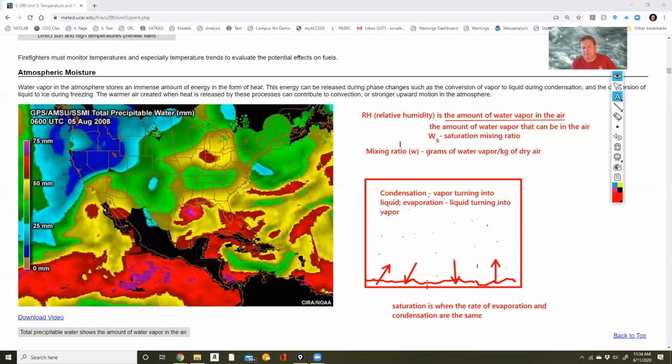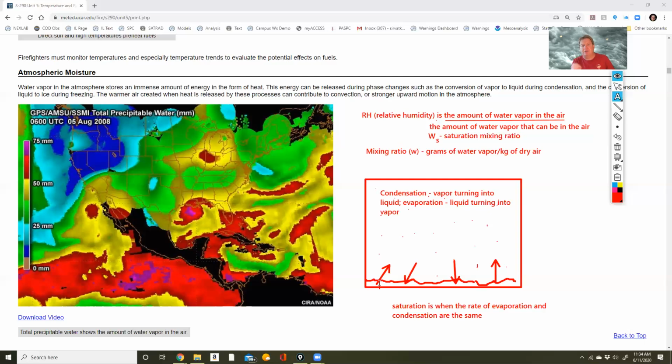Here's the deal. If I want the amount of evaporation and condensation to be the same, that's saturation. What if I want evaporation to be more, in other words, have a greater rate of evaporation? Well, I make it warmer. Warm temperature is the fact that the molecule is going to move faster.